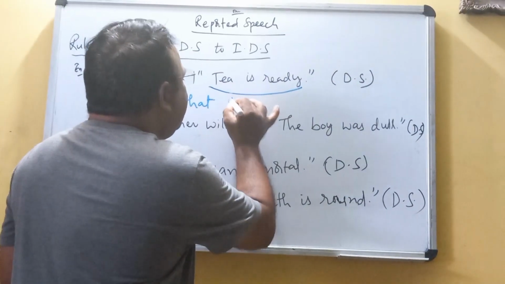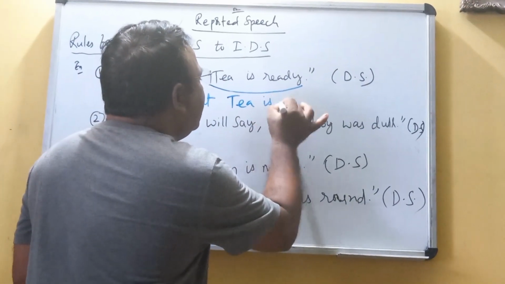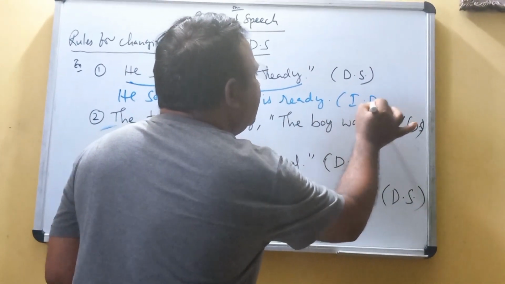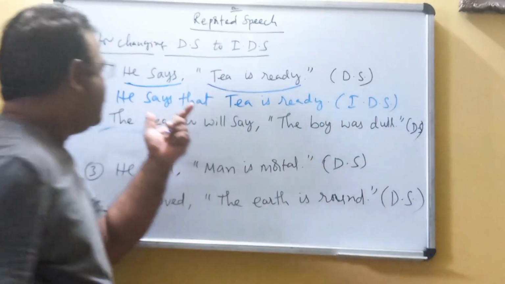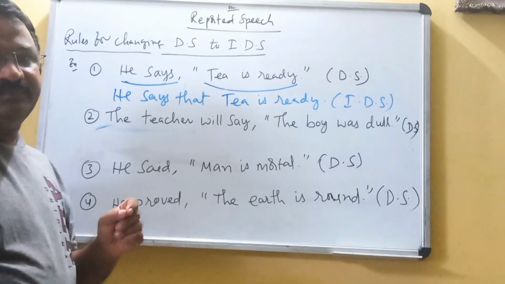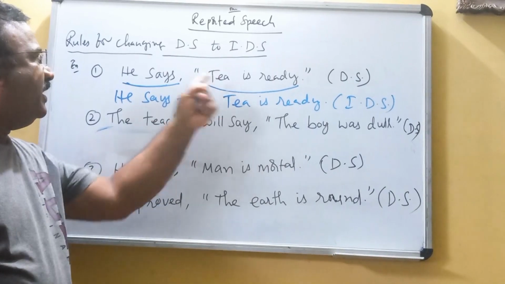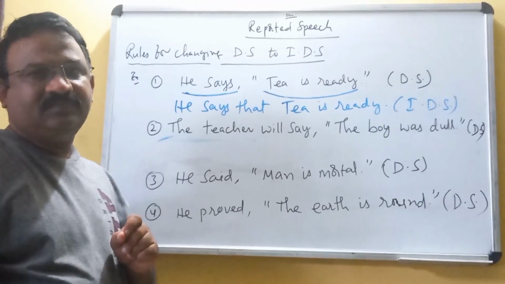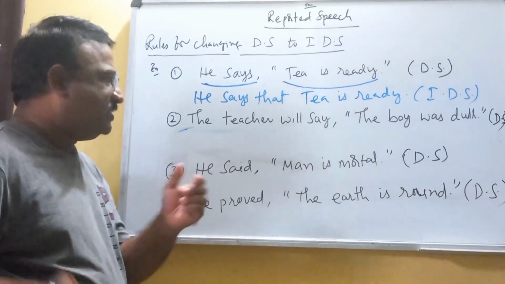So, he says that tea is ready. This is indirect speech. Why? The reporting verb is present tense here.